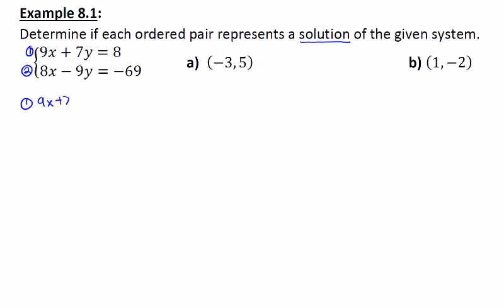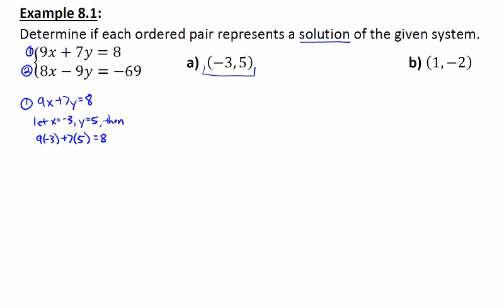9x plus 7y equals 8. And I want to see if the ordered pair negative 3, 5 is a solution for that equation. So I'm going to let x be equal to negative 3, y is going to be equal to 5, and then my equation now reads 9 times negative 3 plus 7 times 5 should equal 8.